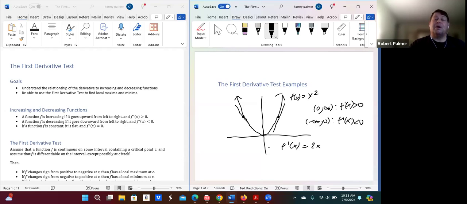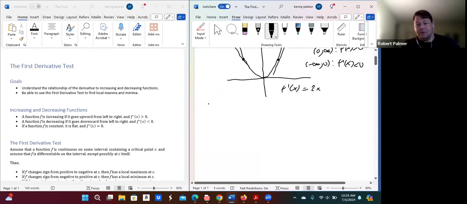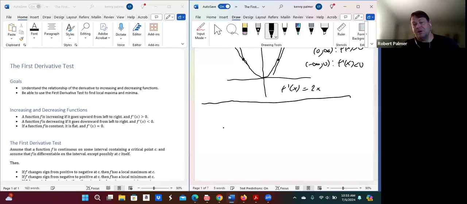So just remember that where a function is going upward from left to right, the derivative is positive, and where it's going downward from left to right, the derivative is negative. It's just like the slope of a line, because a derivative is the slope of a tangent line. Now, one more thing before we leave this one.